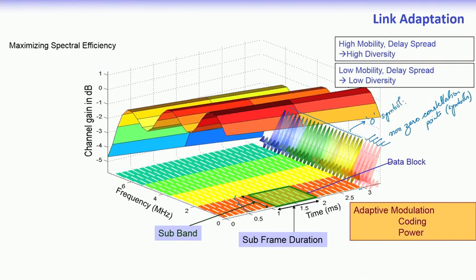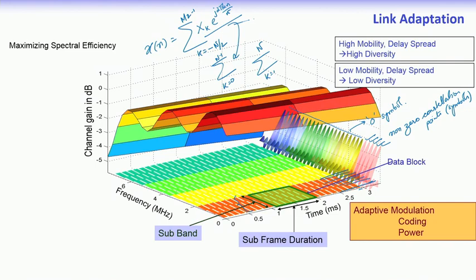Effectively, the active number of subcarriers is restricted to the band of subcarriers allocated to that user. So, when we look at the IFFT operation at the transmitter, x n is the sum over k equal to minus n by 2 to plus n by 2 minus 1, or let us say the sum over k equal to 0 to n minus 1, or you can also sum over k equal to 1 to n. In all these cases, x k e to the power of j 2 pi k n upon n, that is valid for all the cases.